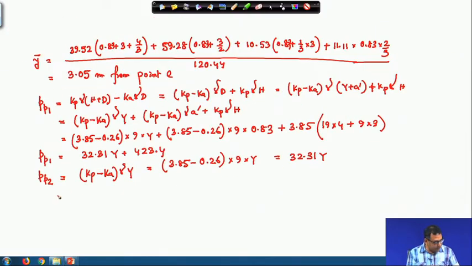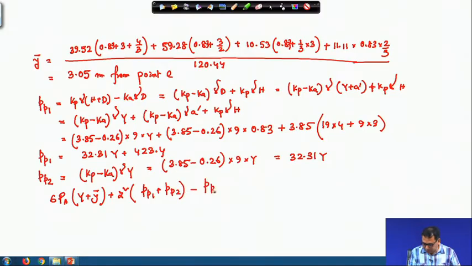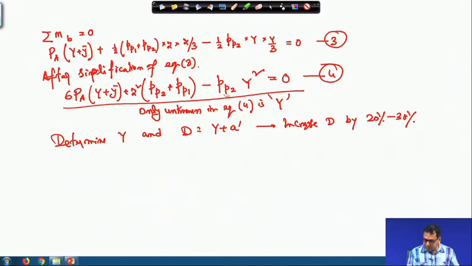So, the final expression is 6 PA into capital Y plus y bar plus z square PP1 plus PP2 minus PP2 capital Y square is equal to 0.